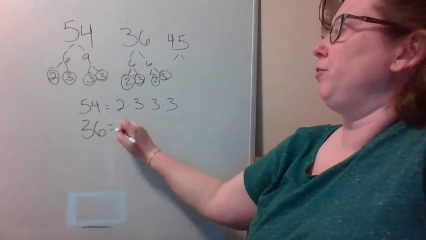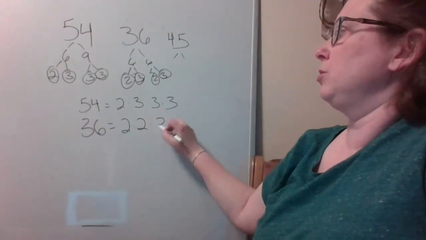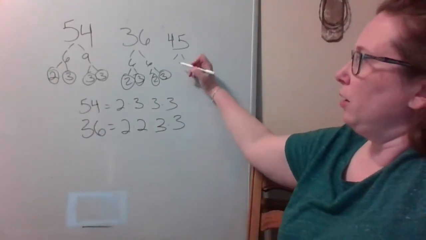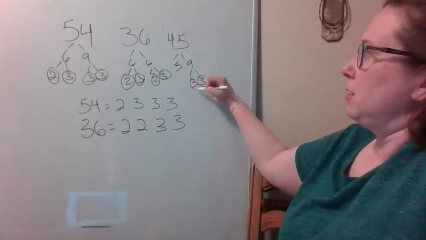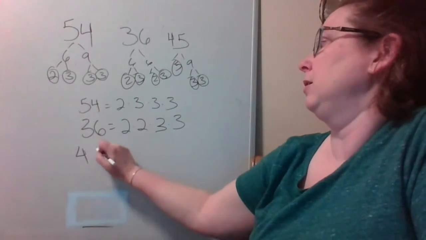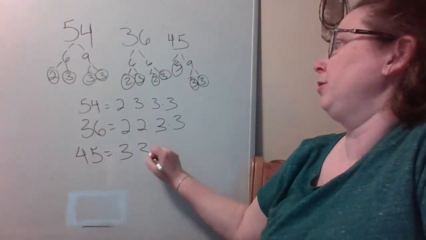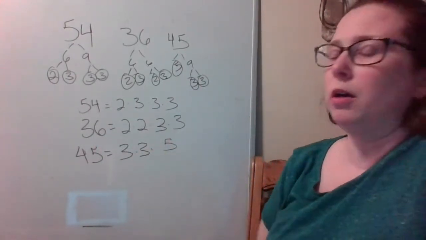So prime factorization for 36 is 2 times 2 times 3 times 3. 45 would be 5 times 9. And I have 3 times 3 times 5.